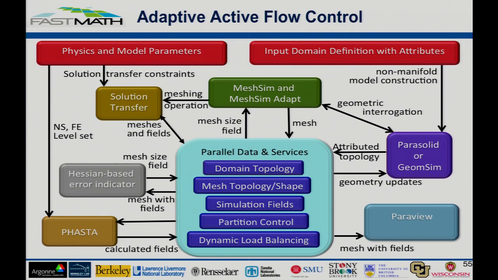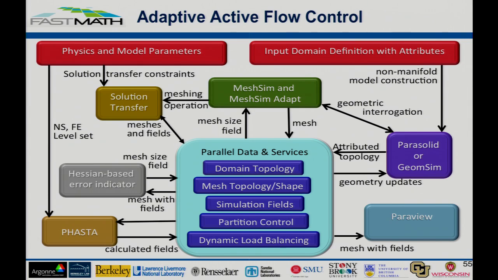Of course, it's somewhat expected. You're going to see some examples where we use PHASTA, because that's a code we've been working with for a long time. But I'm just going to point out some of these examples. So active flow control problems, where we're solving Navier-Stokes using level set methods. It would also be in the next example for dealing with multi-phase flows.